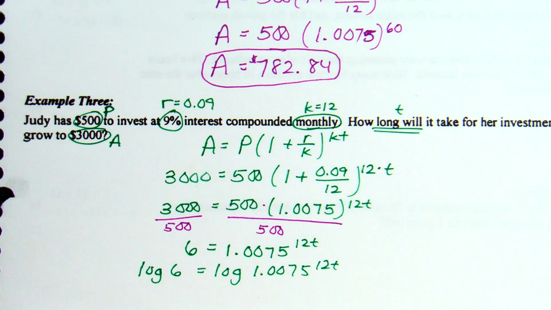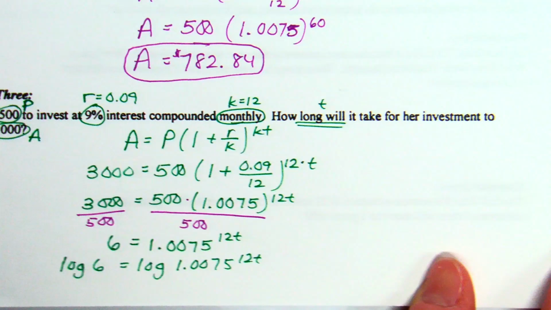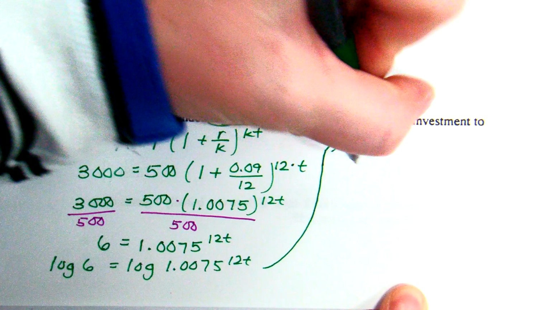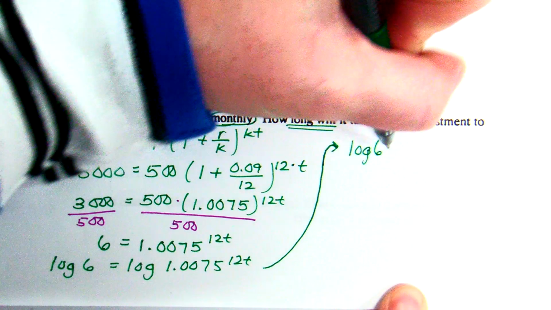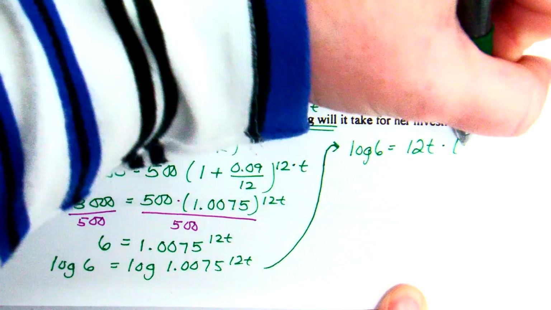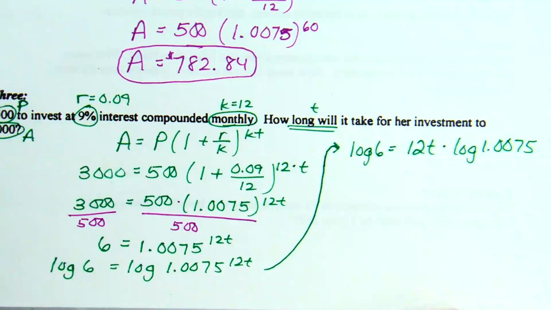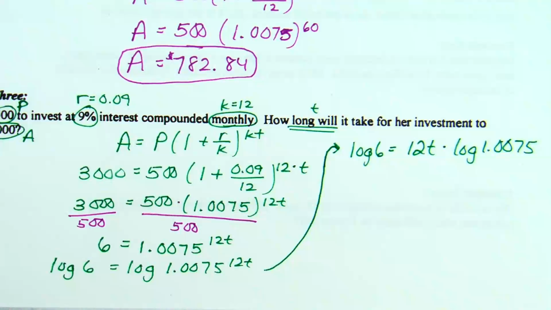So we're going to take that 12t, take it out front. I think I'm going to move over here because I'm not going to have room to finish this. So I'm going to have log of 6 equals 12t times log of 1.0075. So now that t is out of the power, how do I get t by itself?